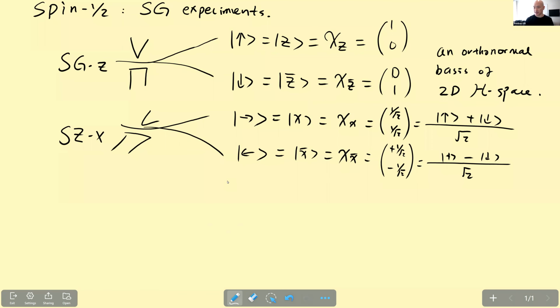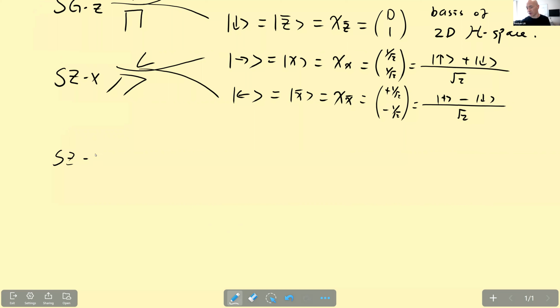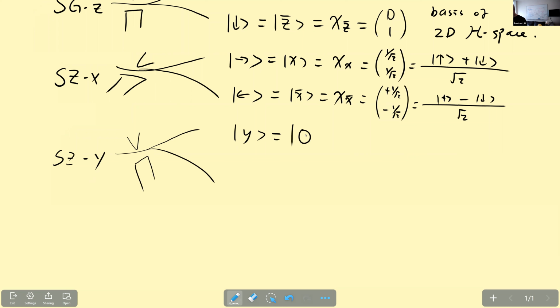And of course, you can also have the y direction. Then you have the y state, which we can call chi y, with a matrix like this one. It's also a superposition of up and down states.